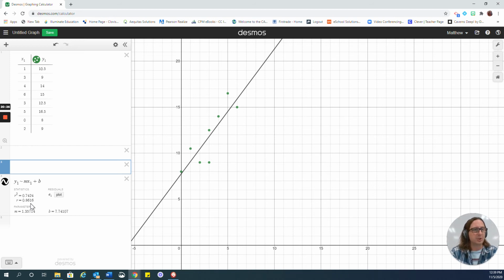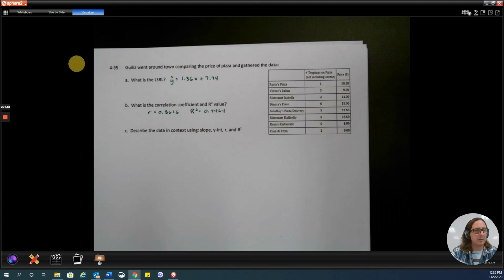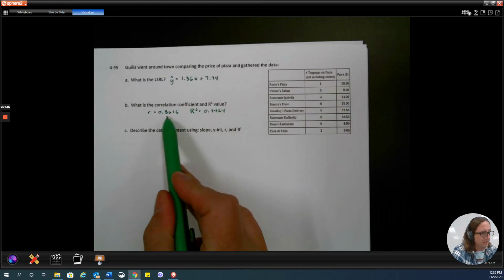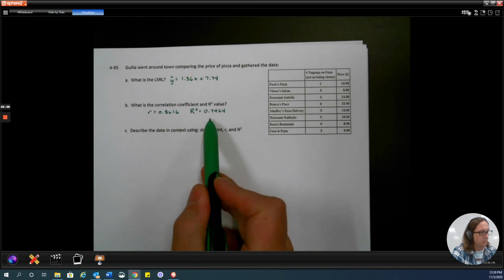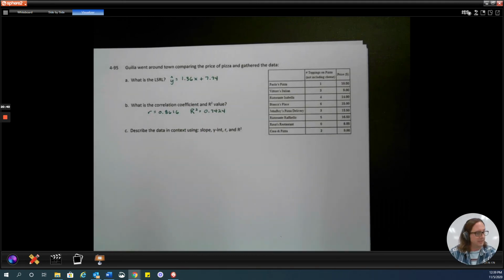All right, so let's go back to our notes now that we've calculated all that. Okay, so we've got our R value of 0.8616. Our R squared value is going to be 0.7424.